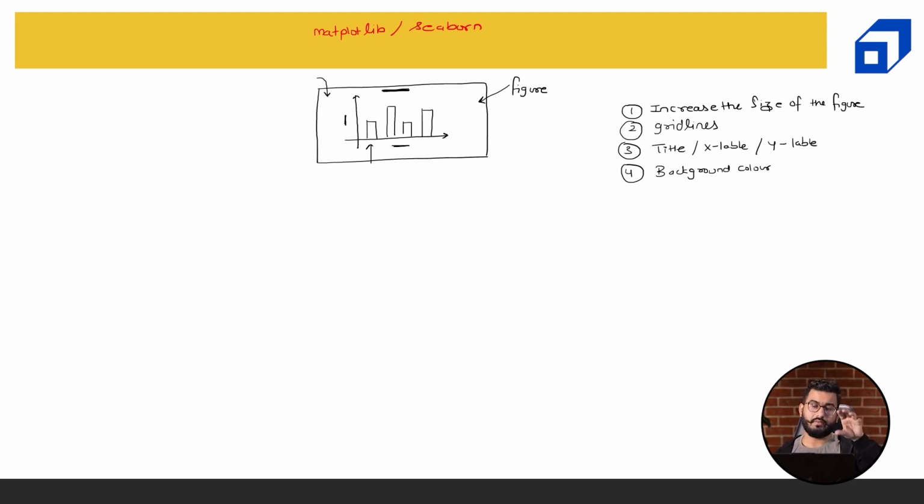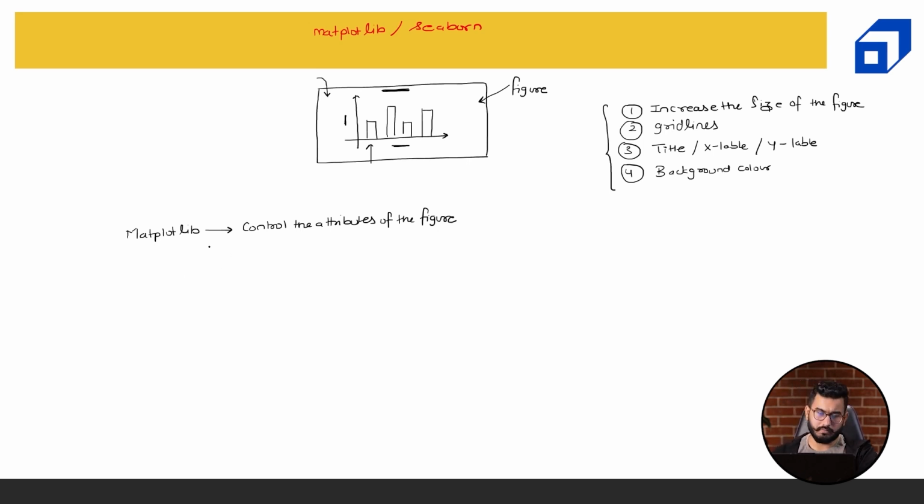So like this, if you want to do anything with the figure, with the background, with the virtual space on which we have kept our plot, then we use the library known as Matplotlib. So the library Matplotlib basically helps us to control the attributes of the figure. Now, the Matplotlib library is not just limited to controlling the attributes of the figure.